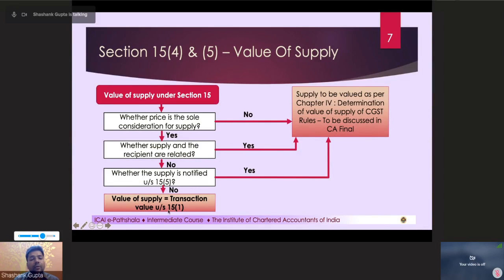Again, if it is no, then the value of supply, whatever is the value which has been shown, will be considered as the transaction value under section 15 subsection 1. If for any of these the conditions as prescribed are not met, then we will have to go to the valuation rules. Thankfully, right now we are not concerned with that because that is a part of your final curriculum.